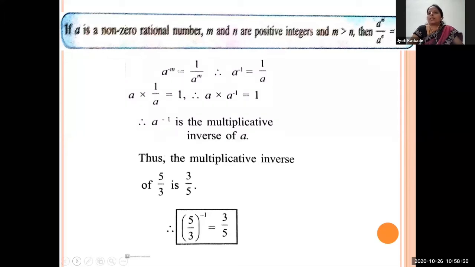See next, a raised to minus m. We have studied that a raised to minus m is equal to 1 upon a raised to m. M means any number, so you can take a raised to minus 1.